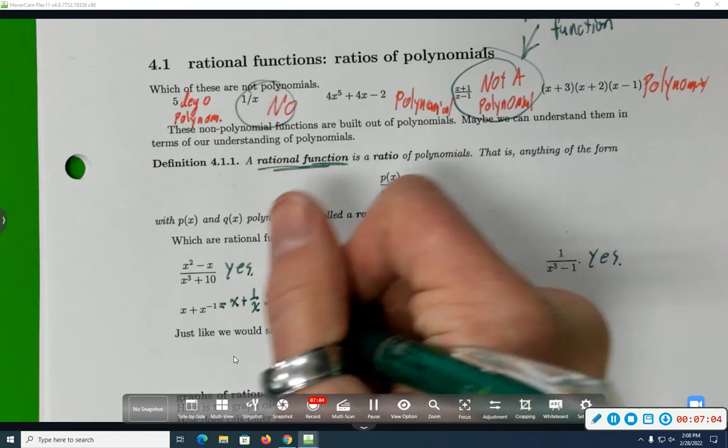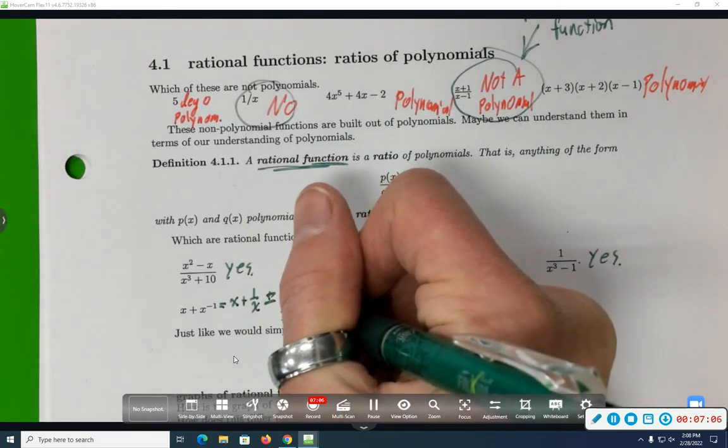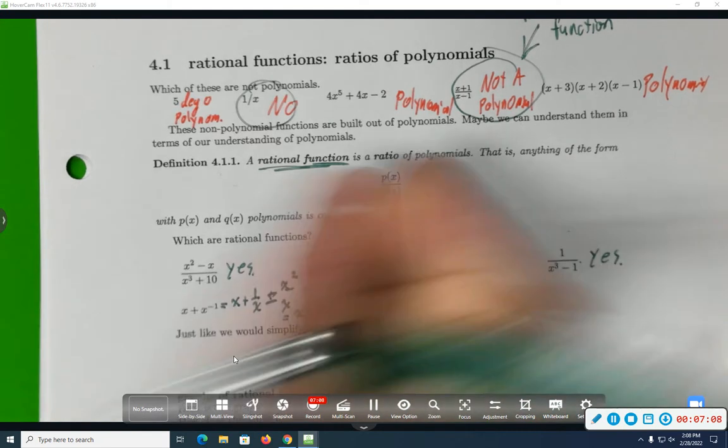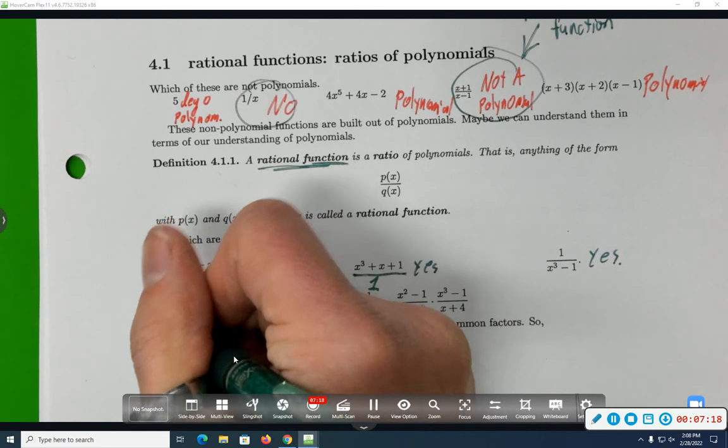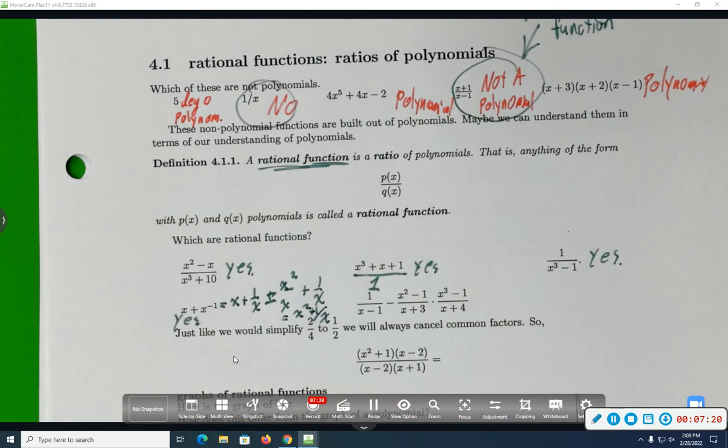So now it is literally a fraction where you see a polynomial divided by a polynomial. So yeah, that's another rational function. And finally, that last complicated looking thing.